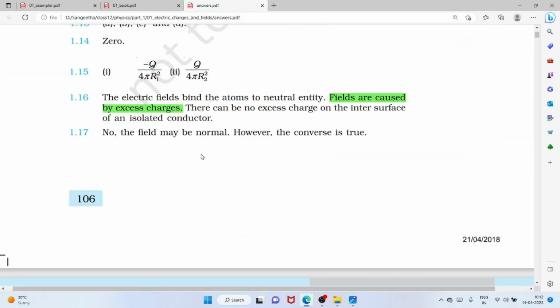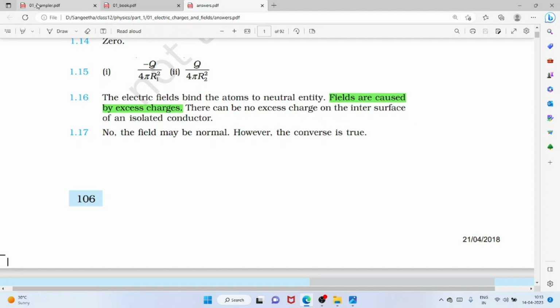Okay, the electric fields bind the atom into a neutral entity. Fields are caused by the excess charges only. So there can be no excess charge on the inner surface of an isolated conductor.